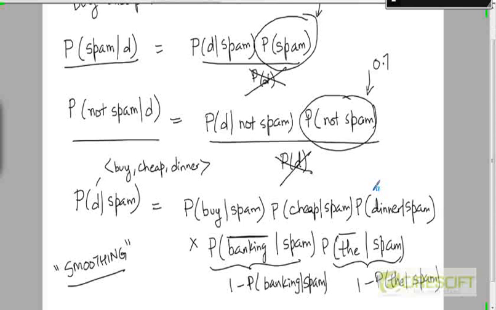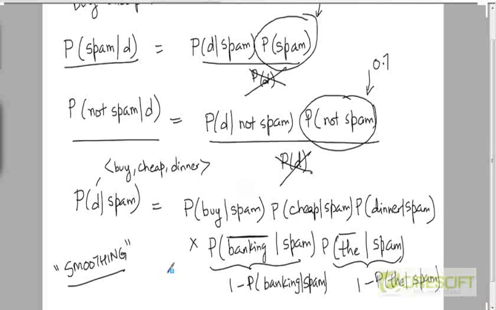This does not mean that the word that we never saw in the training phase can never appear in a class. And it also does not mean that just because a word appeared in every single document of the training phase that it must appear in every other document, and if it doesn't appear, then it doesn't belong to that class. That would be a very radical step to do.